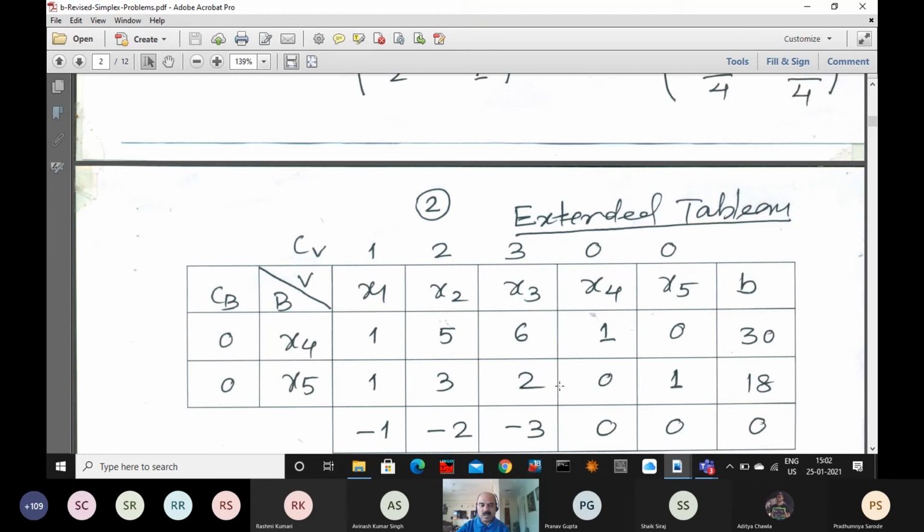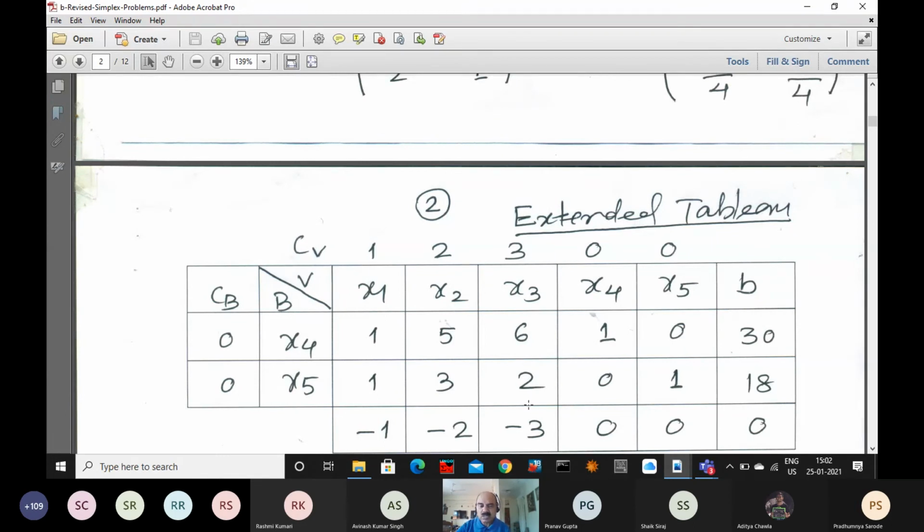-3. Okay. Since it is most negative, this X3 is the entering variable, and one of them is the departing variable. Whenever we are finding the departing variable, what we will do?